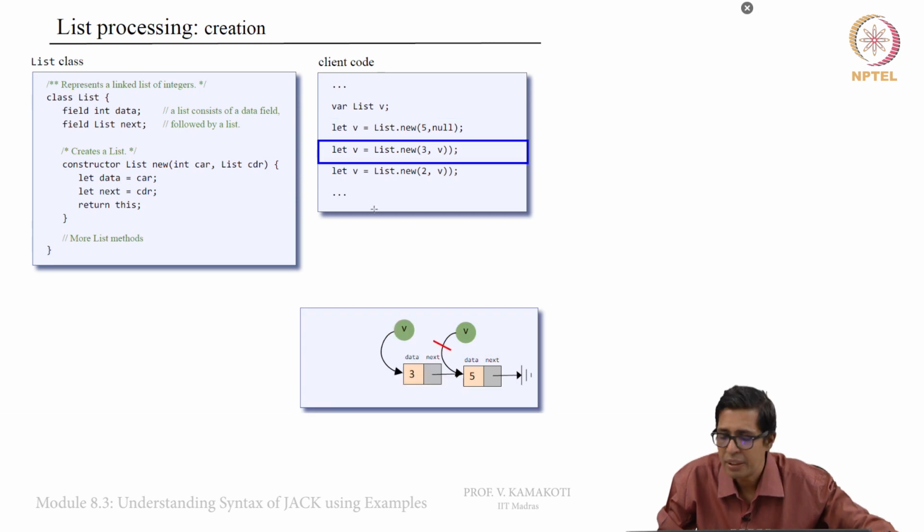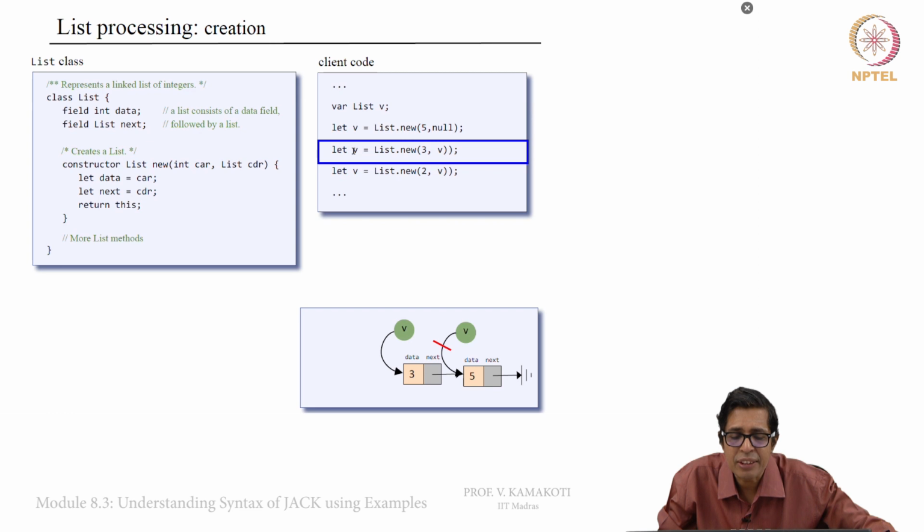Now the next statement, V equal to list dot new 3 comma V. So the list dot new will now find 3. It will create another data and next, which is different from the previous data and next, in which the data will be 3 and the next will be V. The original V was pointing to this, so the next of this will now point to this.